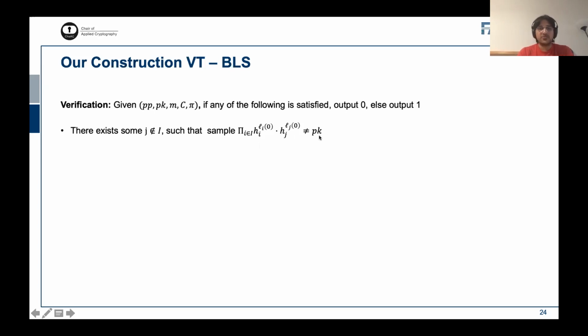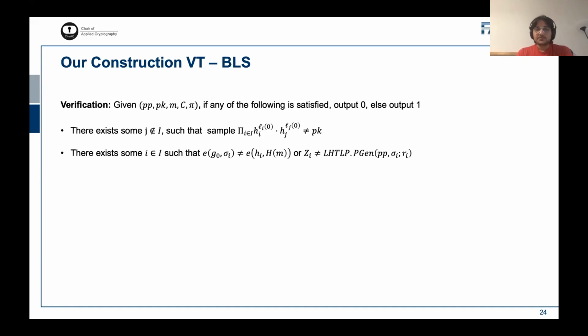If there is any malformed public key share, you immediately abort. Then you check each of the opened signature shares from the cut and choose, to see whether they are valid signatures with respect to the corresponding public key share. That is the check here.